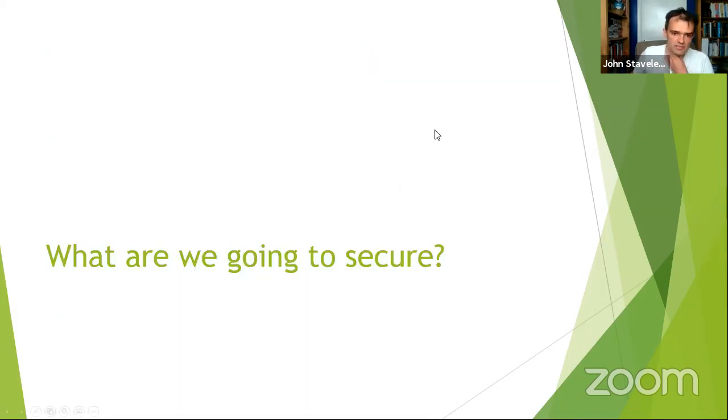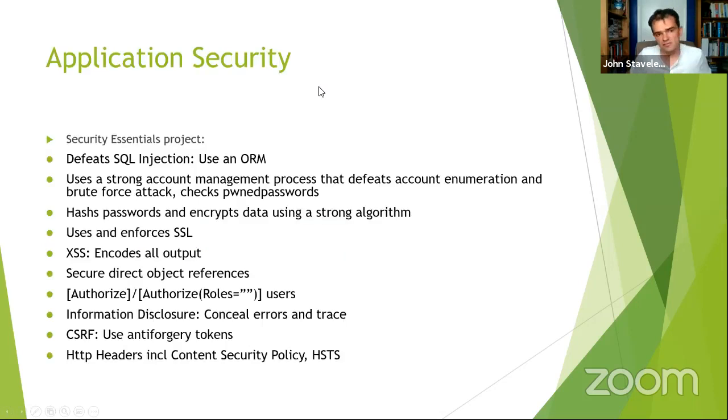So what we're going to go to secure. About 4 years ago, I took a roadshow of security talks around the country. It had as its base this Security Essentials project. This is full-fat .NET. I appreciate that a lot of people are on Core right now, but if you're retrofitting security onto a full-fat .NET project, it's quite a good template to use.